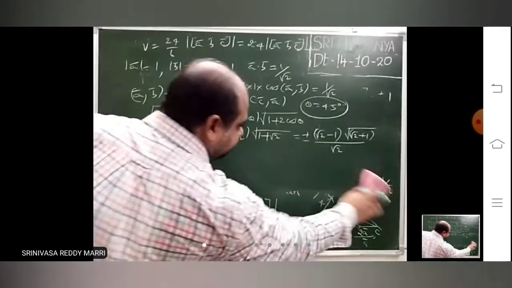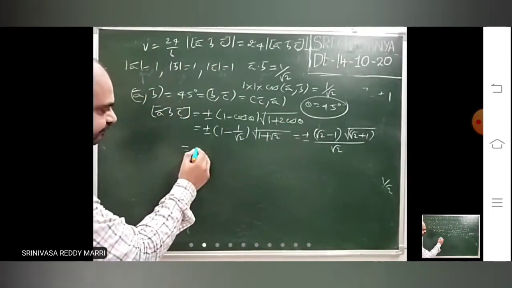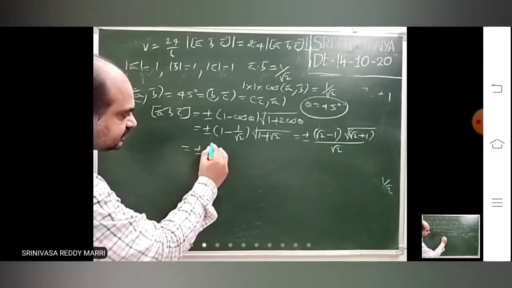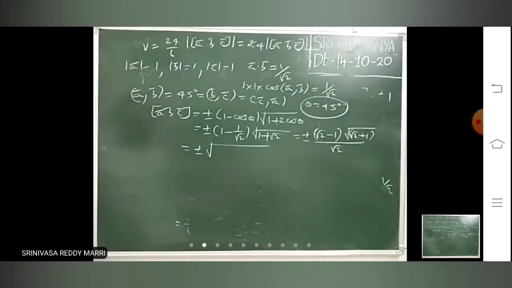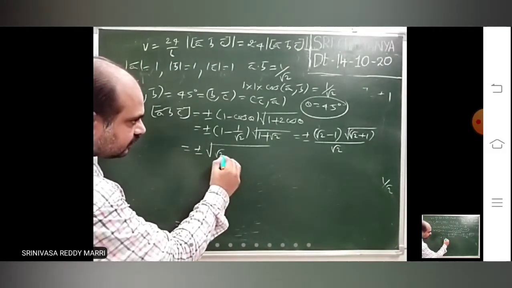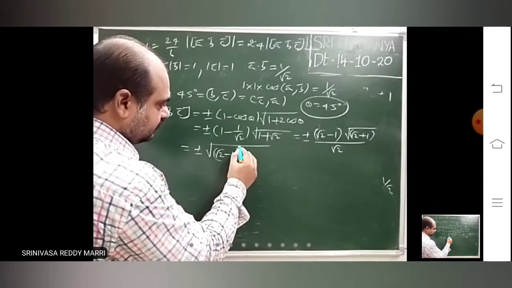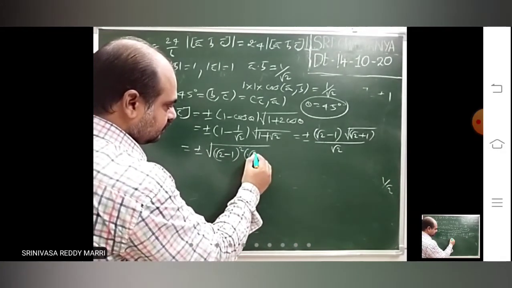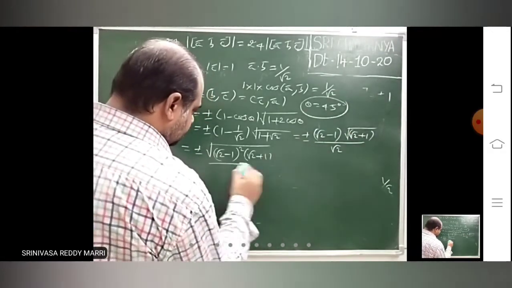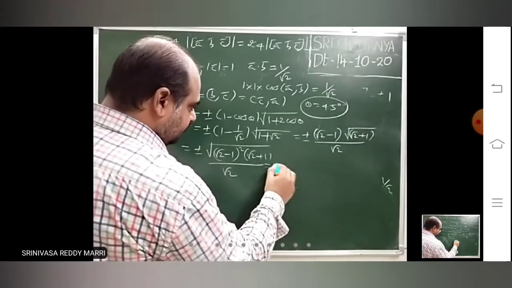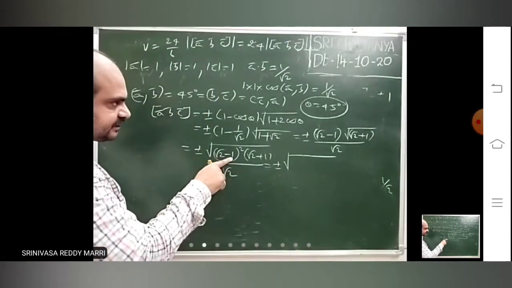Right, box ABC. If we further simplify this, it can be in this form or further simplified. Only a single root you can write. Look at this root 2 minus 1, I am bringing inside the root. Root 2 minus 1 whole square. This I am bringing inside the root term divided by root 2, plus or minus root of this A minus B whole square.